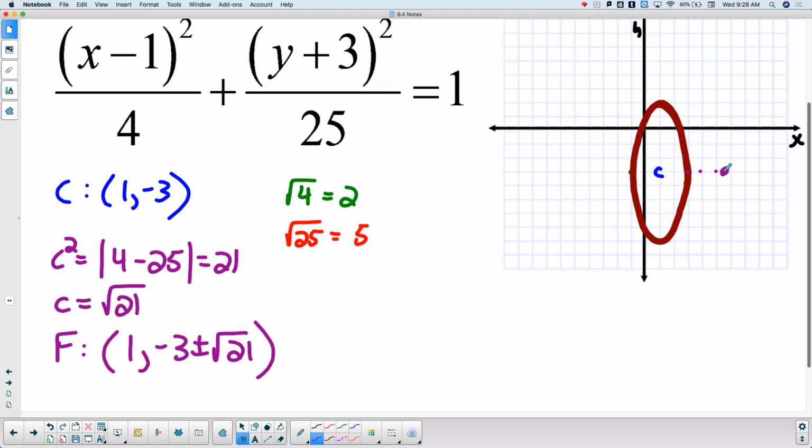Okay. Last step, one more step. We just need to find the vertices, correct? Vertices are what? 1, 2.